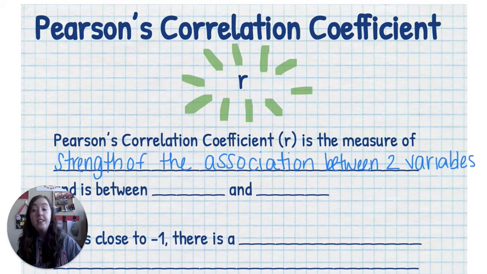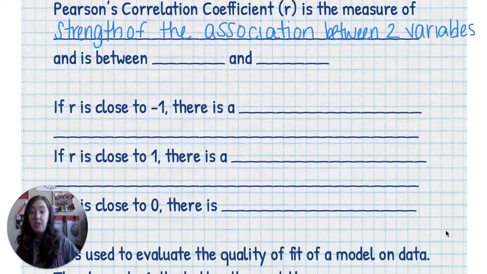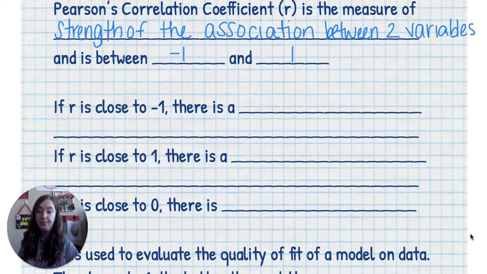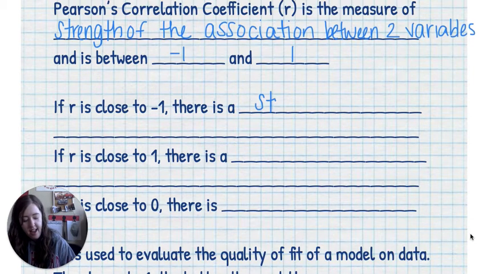Good deal. So R is always between -1 and +1. If R is really close to -1, there is a strong negative correlation.